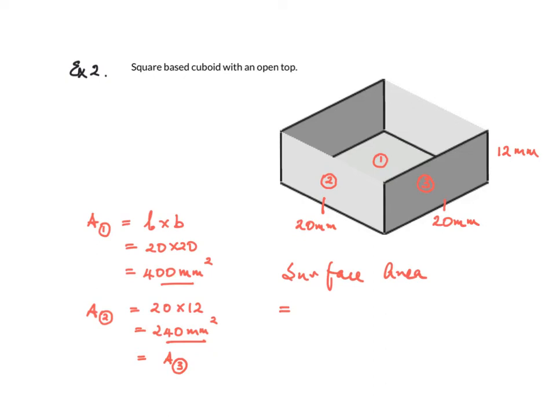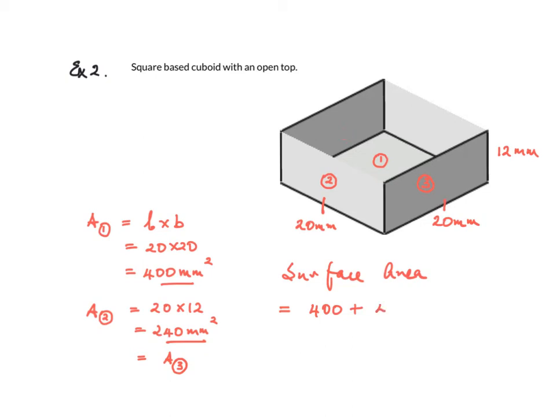Let's have a look. So we've got one face on the bottom, which is 400, plus what? Well, this face here is the same area as this face, and the same area as this face, and the same area as this. So 1, 2, 3, 4, these are all the same area. That's because we have a square base.